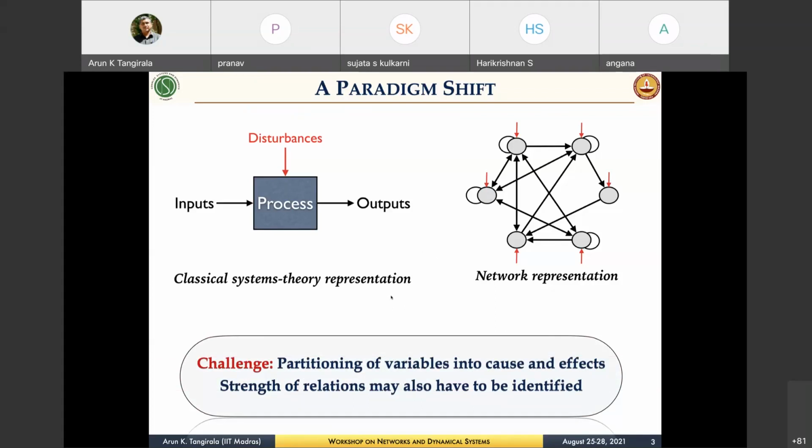And associated with this challenge is a bigger challenge that I'll talk about very soon. In addition to partitioning the variables into cause and effects, you may have to sometimes associate weights to the relations, that means to the edges. So what I show you here is an unweighted directed network, but many a time you may be interested in reconstructing a weighted directed network.